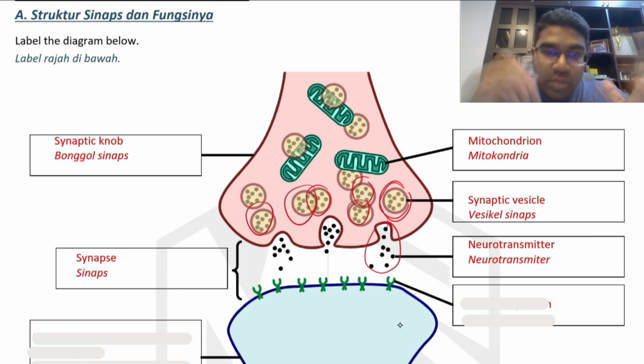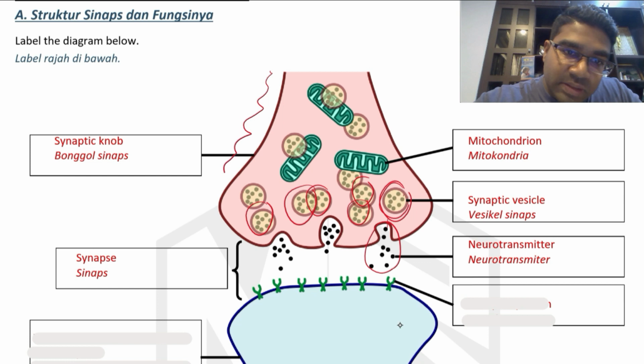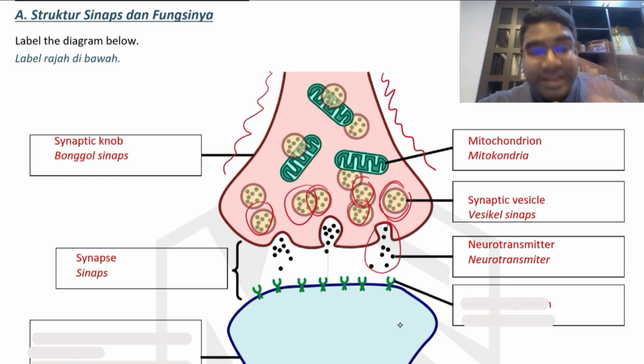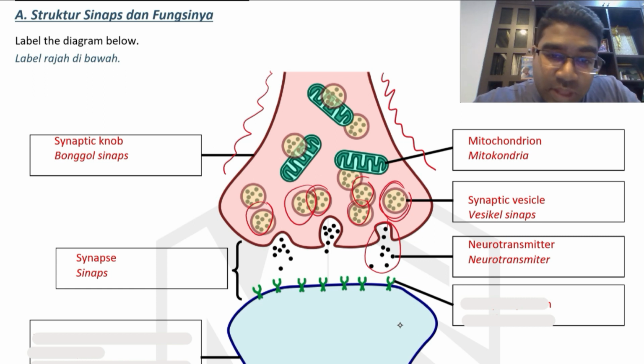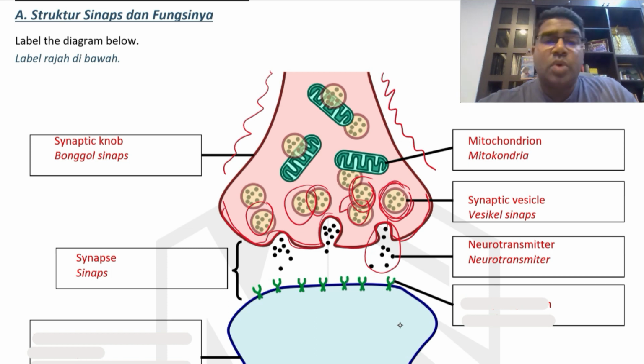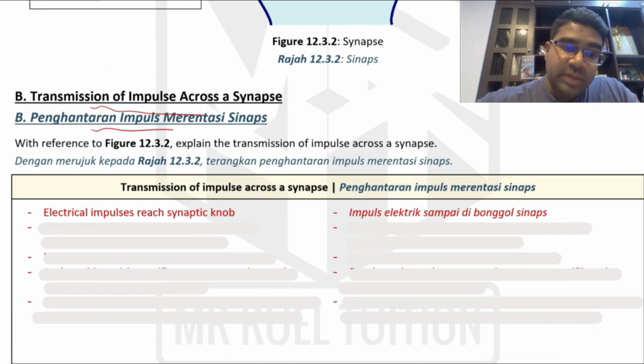Alright. So the moment the electrical impulse reaches here, impulse saraf, impulse elektrik yang sampai di sini, dia akan mencetuskan vesicle synapse ini untuk fuse with the membrane of the synaptic knob. Dia akan bergabung dengan membran bonggol synapse. Right? So that's what happens here.